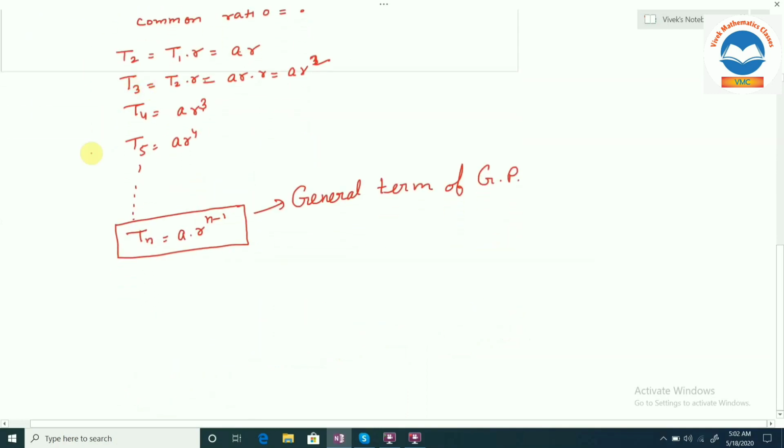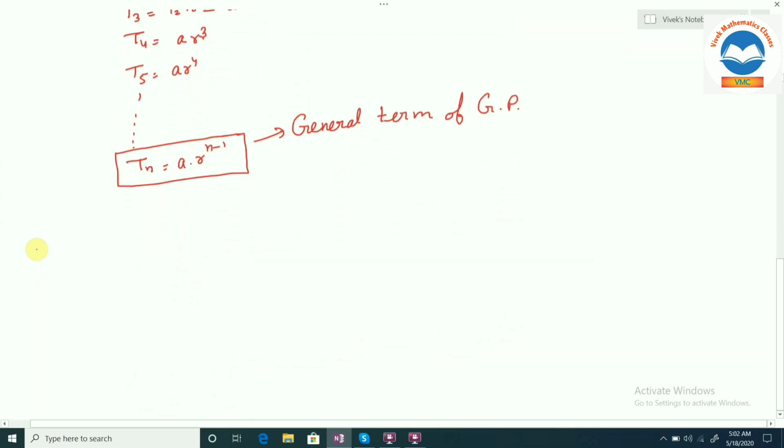So this GP we can define in one more way. What will be that?